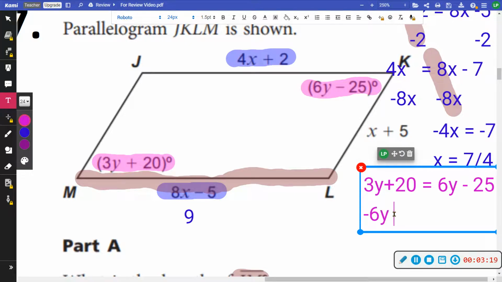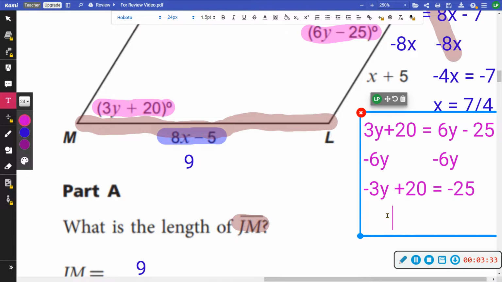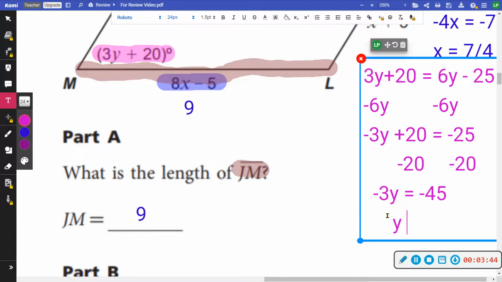Those cancel. 3 minus 6 is negative 3y plus 20 equals negative 25. Subtract 20 from both sides. That'd be negative 3y equals negative 45. Negative 45 divided by negative 3, and I get 15.